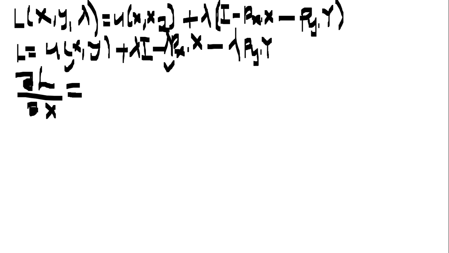This is the same as saying we are going to partially differentiate the objective function with respect to x. This whole function here is positive, so no wonder even the derivative is positive. But when you go to the constraint side, this part is negative. I've got negative lambda pxx, which means that even here we should put a negative.